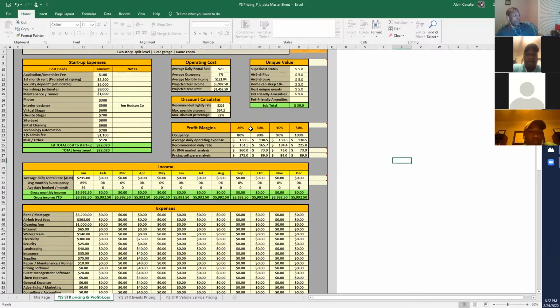Boom. So now you can look at where you're priced within other pricing tools and say, hey, they have you priced at a 26% profit margin.